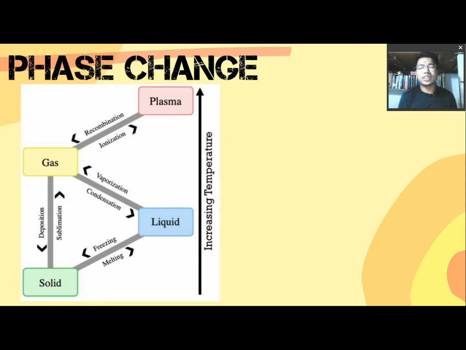If you can recall the kinetic molecular theory of matter from your discussion in Science 8, this is its application. As the temperature increases, the space between different molecules grows, moving away and away from each other. Then as the temperature decreases, those molecules move closer and become more compact with each other.